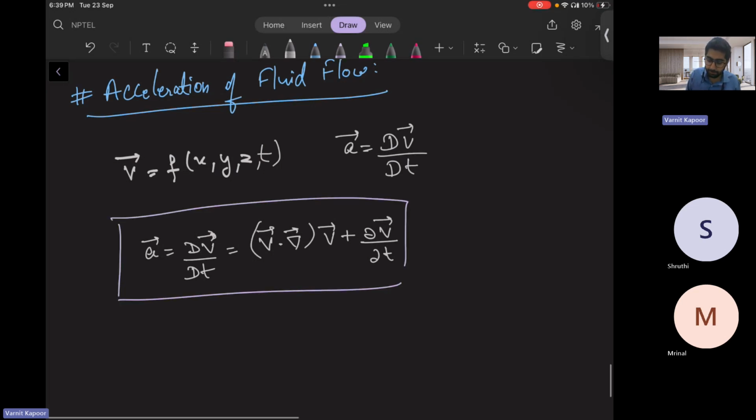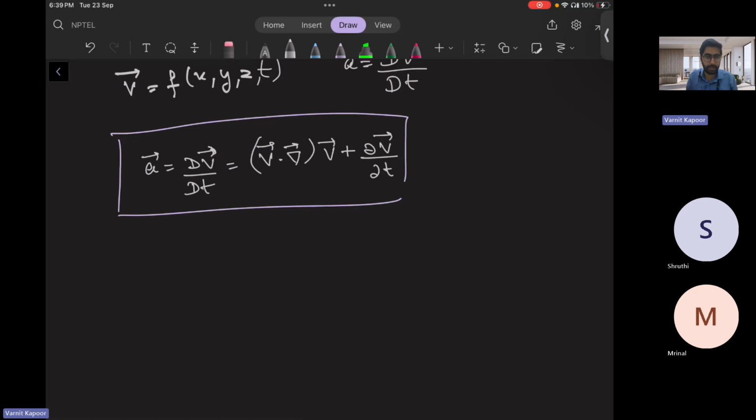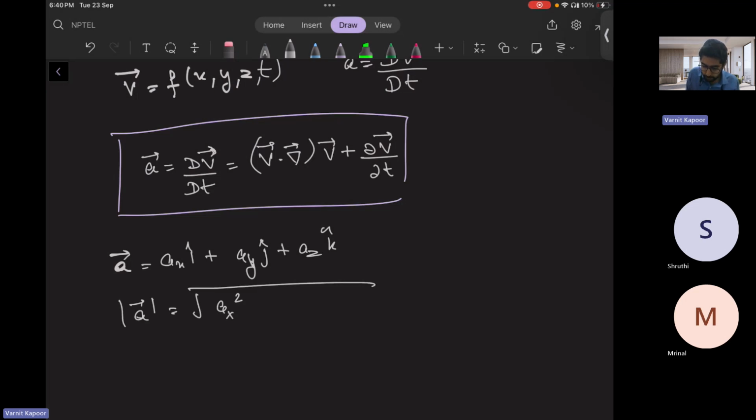So acceleration itself, in Cartesian coordinates, we can say has three components: a component a of x in the i direction, a of y in the j direction, and a of z in the k direction. Okay. And the net magnitude of acceleration can be written as the square root of a of x square plus a of y square plus a of z square. Okay, this is the magnitude.